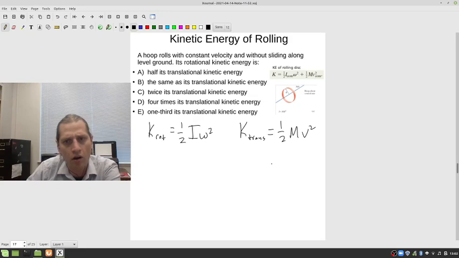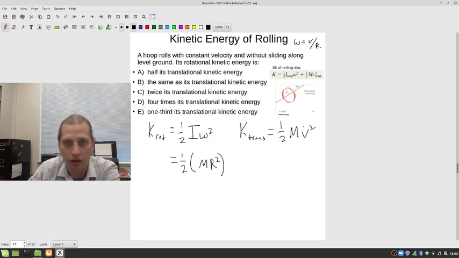Okay? Now, I can kind of see this already. Let's put some extra detail into this and try to put it in these terms. So I've 1/2. For a hoop, I can look up what the rotational inertia is. It's just m times r squared. And then my omega, you'll remember, omega equals v over r.